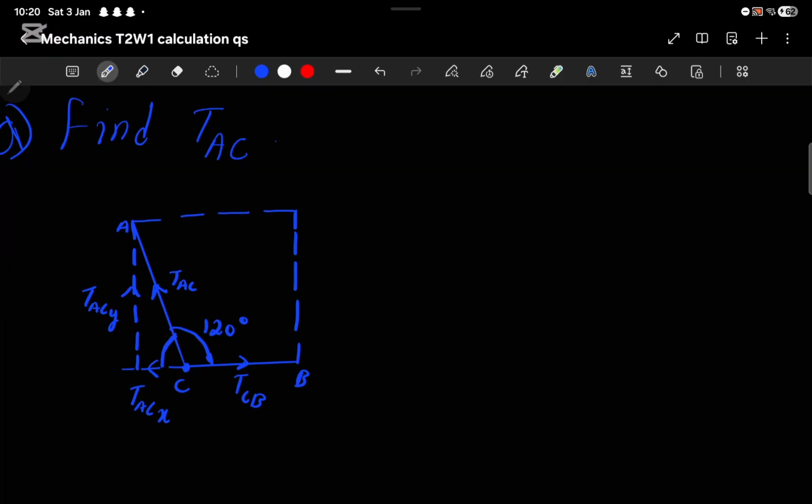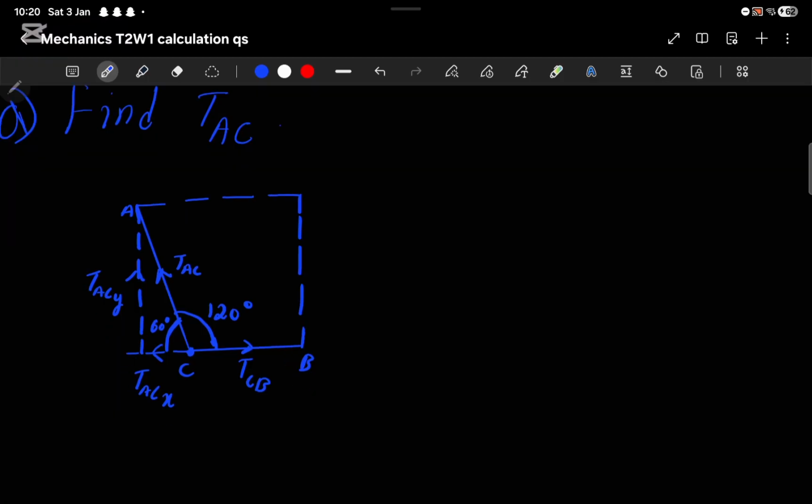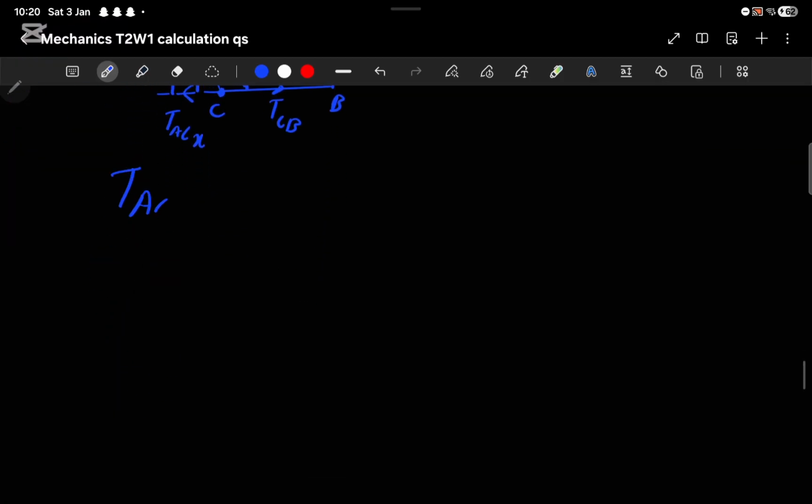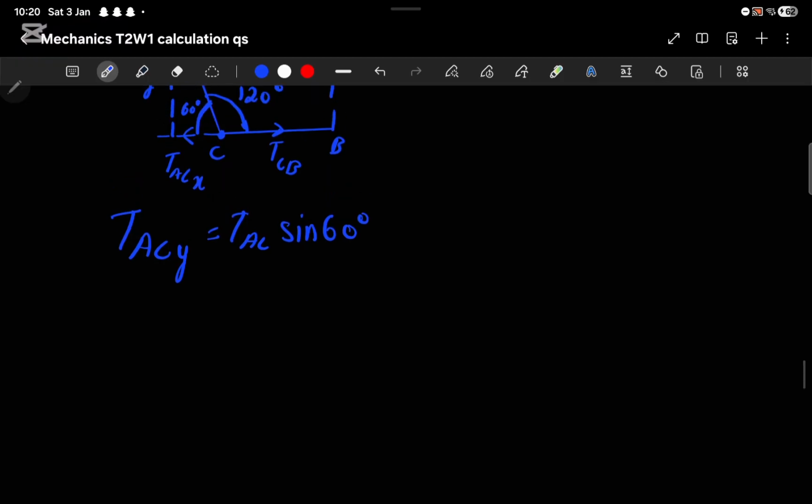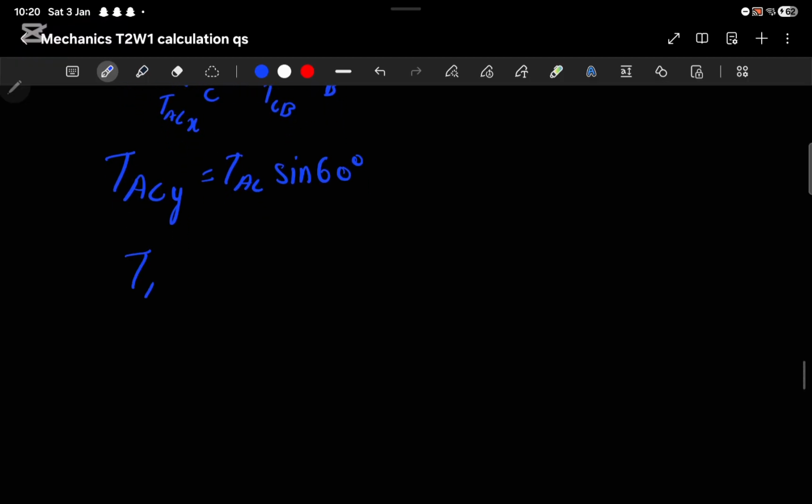Because 180 minus 120. Why am I doing this? Because remember, TACy is TAC sine 60 degrees, and TACx equals TAC cosine 60.